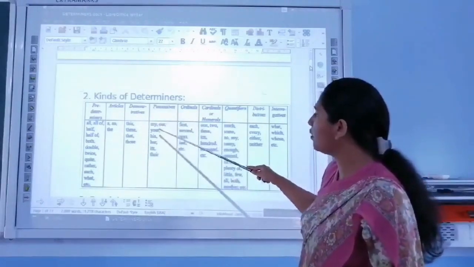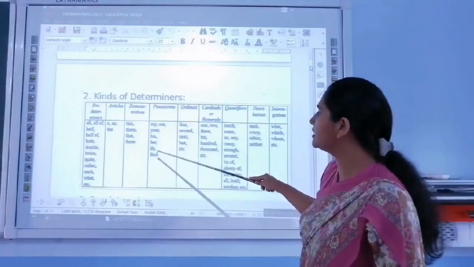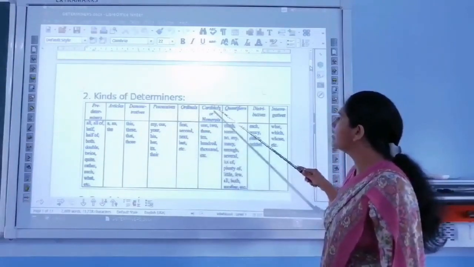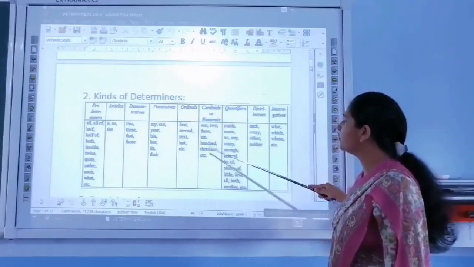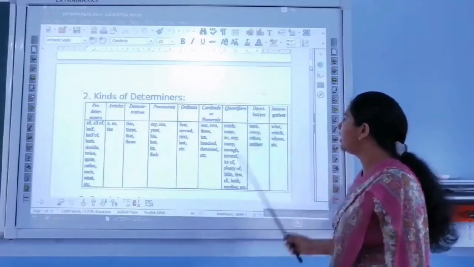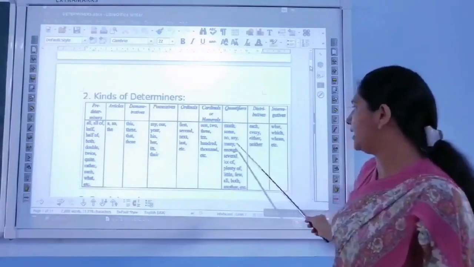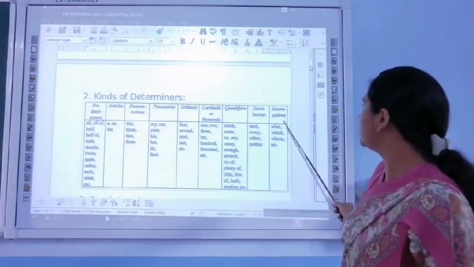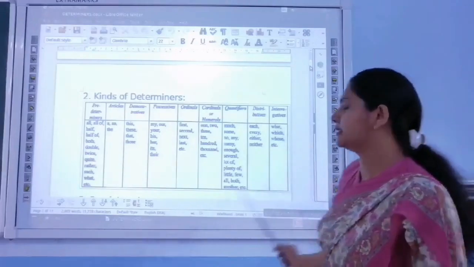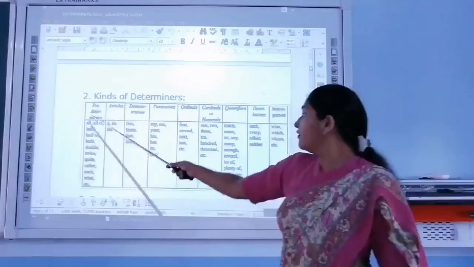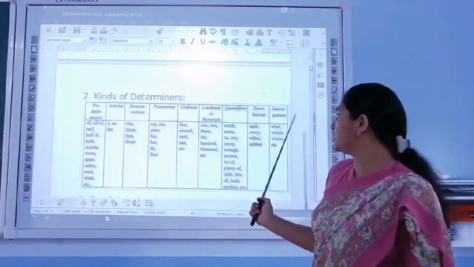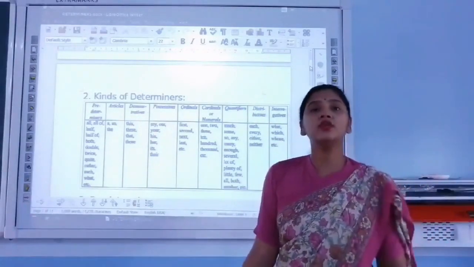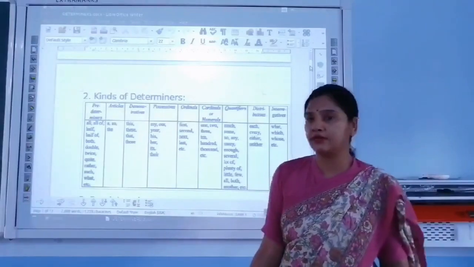Possessive: my, your, his, her, its, their. Ordinals: first, second, third, next, last. Cardinals: 1, 2, 3, 4, 10, 100, 1000. Quantifiers: much, more, no, many, any. Distributive: each, every. Interrogative: what, which, whose, etc. See, with the kinds of these determiners we are able to understand the use of that particular determiner.